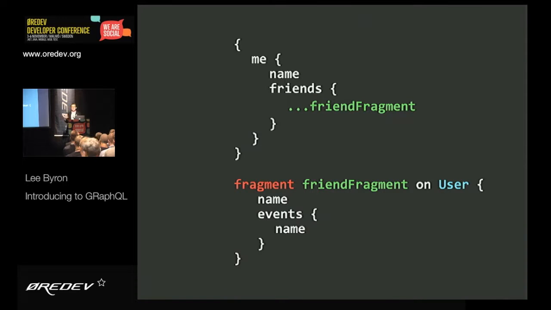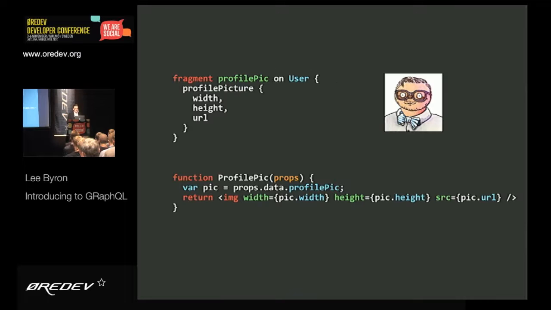Fragments are the main piece of decomposition in GraphQL that allows you to take regions of data that you care about and chop them into a different piece, which allows it to be repeated and added all over your query. And a really cool thing that you can do with this is tie it directly to your UI, ideally via some pretty tight cohesion. Best case scenario, you have a single file that describes both what data is required, and also the rendering function for that view.